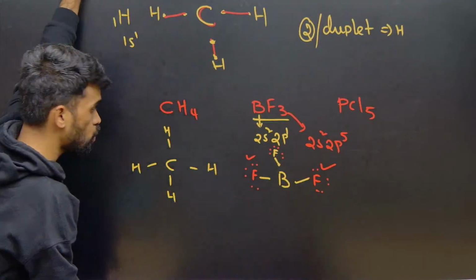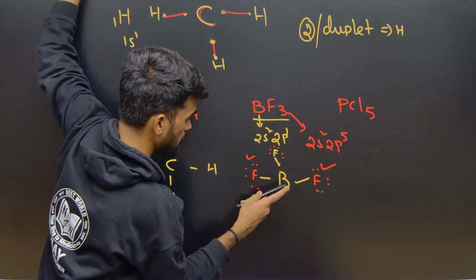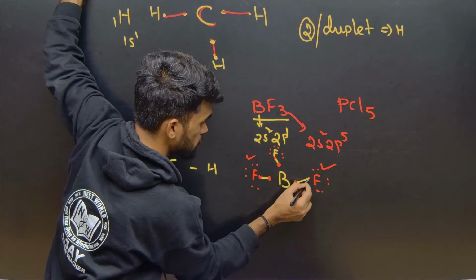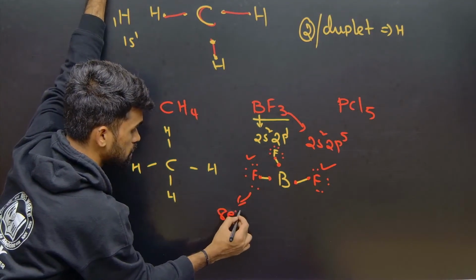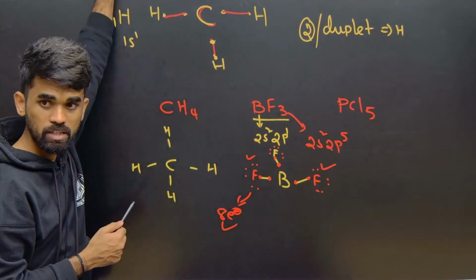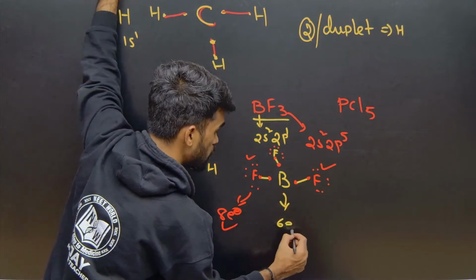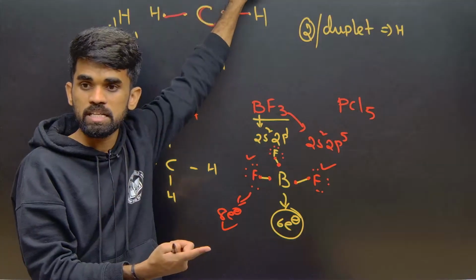But what about the center boron? How many electrons are there? 1, 2, 3, 4, 5, 6. Only 6 electrons are there. For fluorines we have 8 electrons, they are happy now. But what about boron in the molecule? Only 6 electrons. But what we know? Those species containing octet configuration are stable.